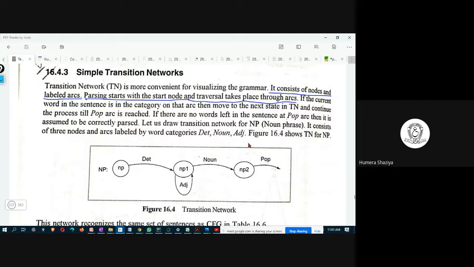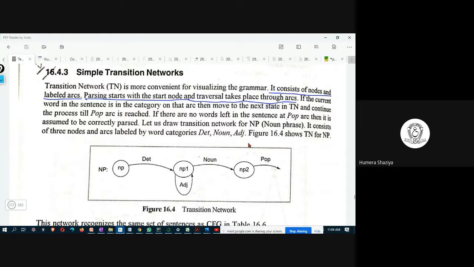Parsing would begin with a start node and it travels along the path and reaches the end node. How does this traversing take place? It depends on the type of word it encounters while parsing the sentence.